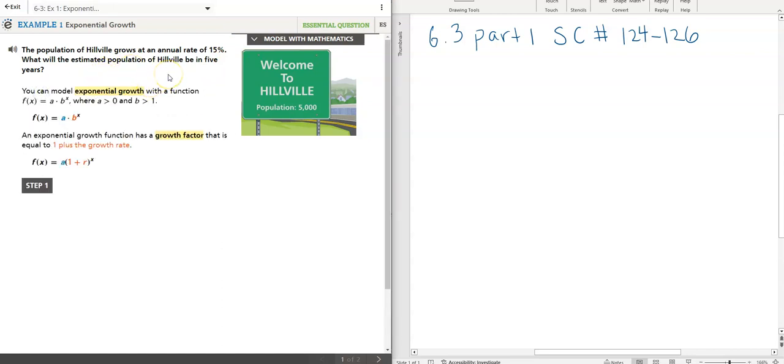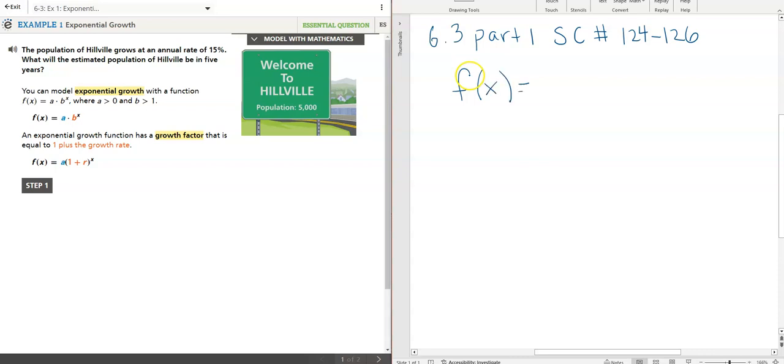So in order to find this using an exponential function, we're going to model this exponential growth. Again, these highlighted words are good vocabulary words for you to have. But in order to model this with a function, we're going to take that same exponential function equation that we saw on 6.2, and we're going to use that to model exponential growth.